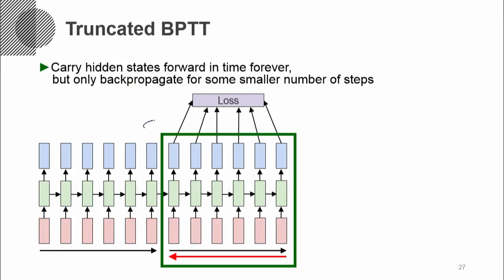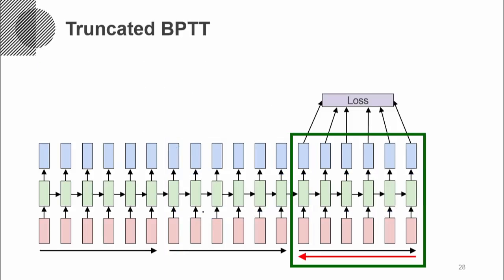And then moving on to the next chunk, we compare our output with the target variable, generate the loss, and then train our model within this chunk of sequence. In this manner, we train our RNN module by using only a sequence of finite length, and this is called truncated backpropagation through time.